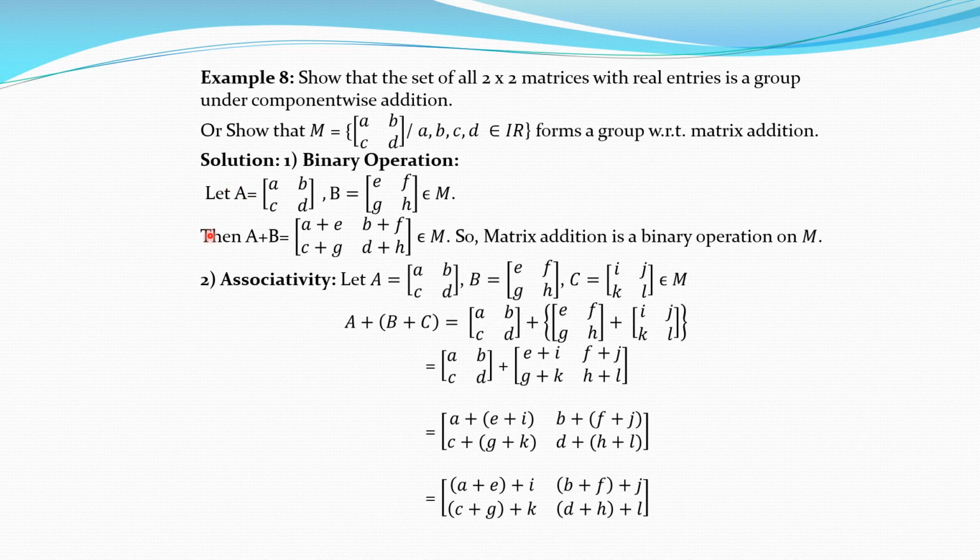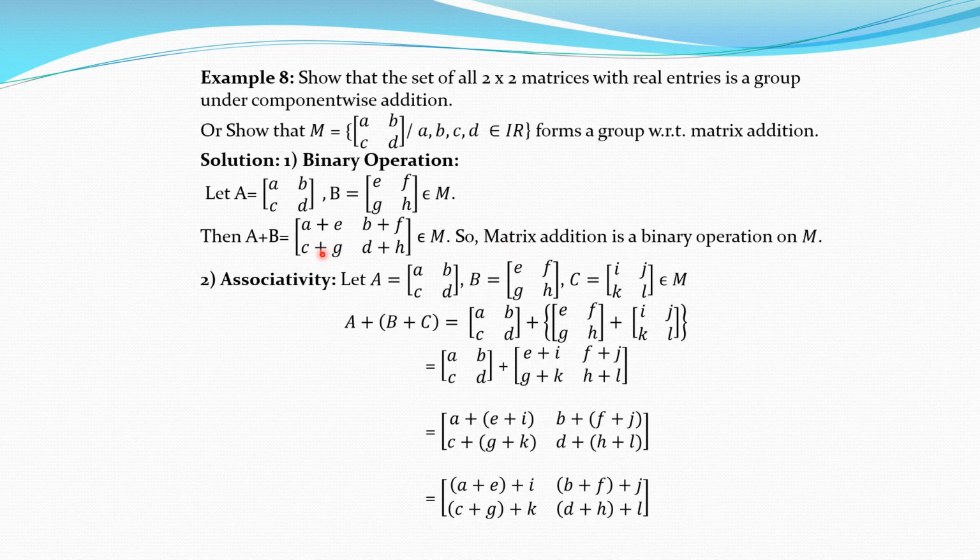So A plus E. Similarly, component-wise addition gives us B plus F, C plus G and D plus H. As all are real numbers and addition of real numbers is again a real number, we get a 2 by 2 matrix with real entries and hence it is a member of M. So we can say that matrix addition is a binary operation on M.